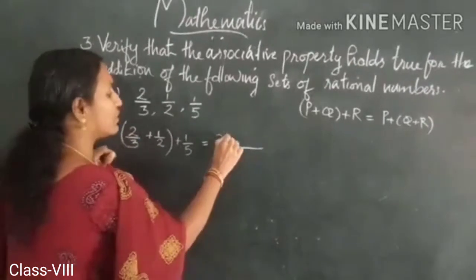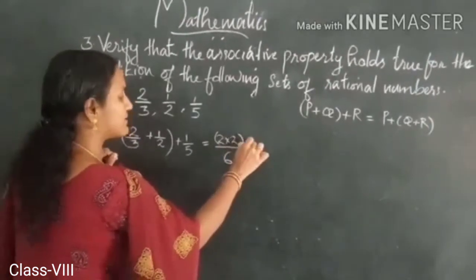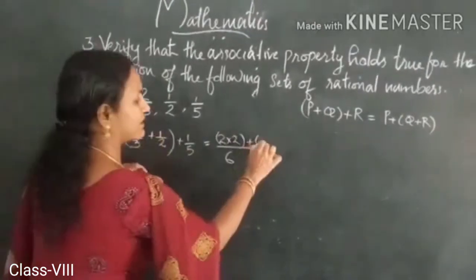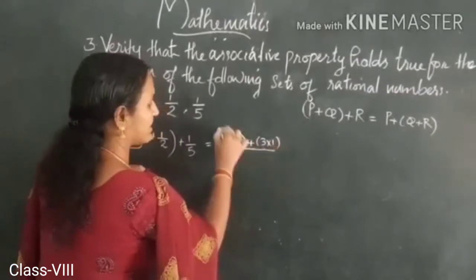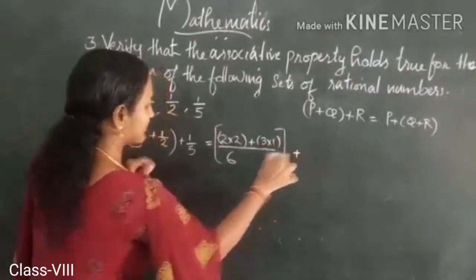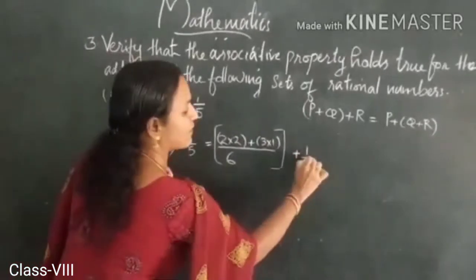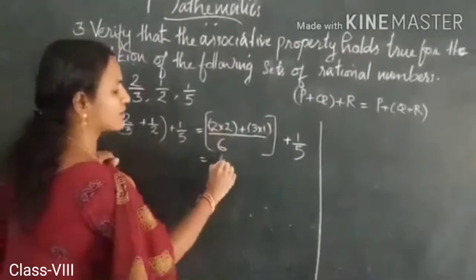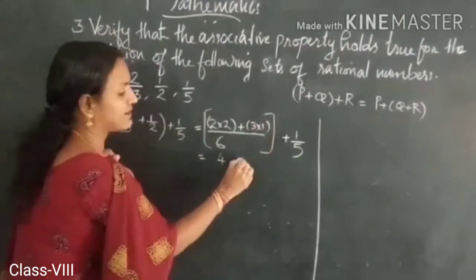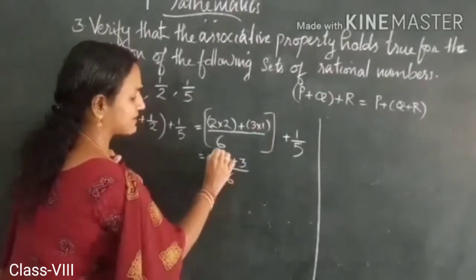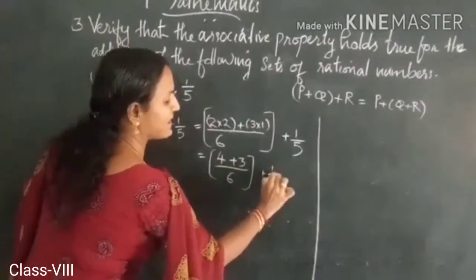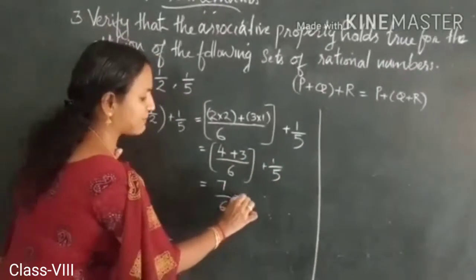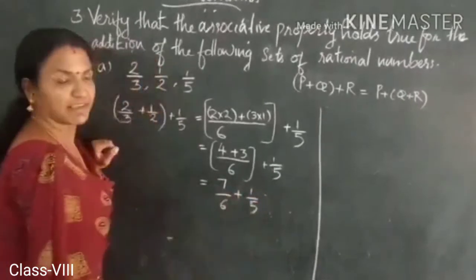So 2 into 2 plus, 3 into numerator 1, 3 into 1, by 6, plus the third fraction 1 by 5, is equal to 2 2s are 4 plus 3 1s are 3, by 6, plus 1 by 5, is equal to 4 plus 3, 7 by 6 plus 1 by 5.